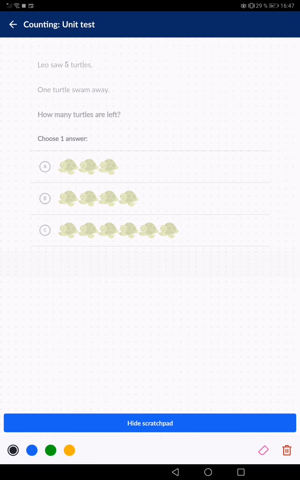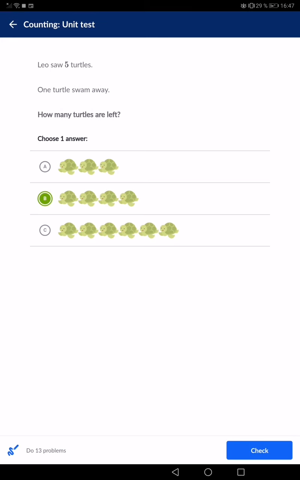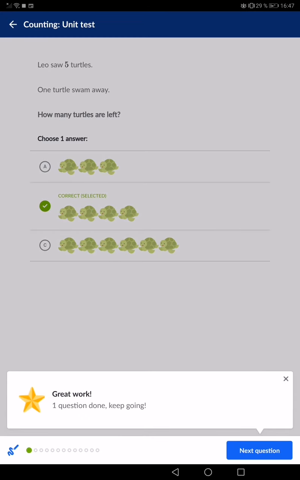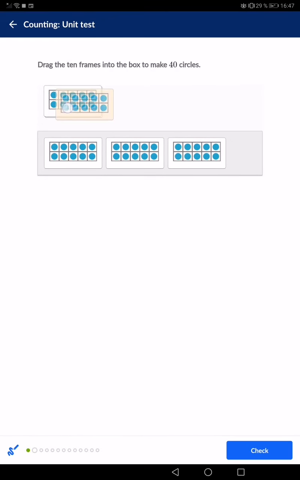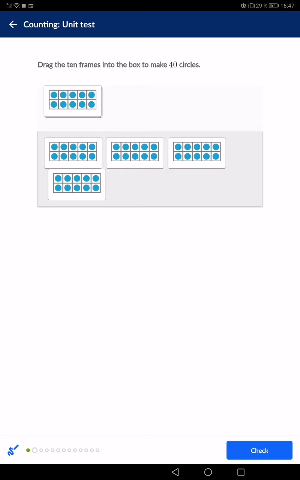Okay. Leo saw 5 turtles. 1 turtle swam away. How many turtles are left? There are 4 turtles left. Drag 10 frames into the box. 1, 2, 3, 4 to make 40 circles.